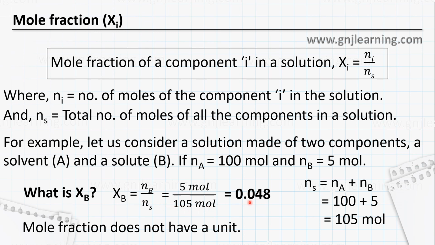So whenever you get an answer, it must be a fraction. This is how you can verify the answer for mole fraction. You will never get a value greater than 1. The value will be either 1 or less than 1. Clear? So mole fraction has no unit and it is always a fraction. Clear?